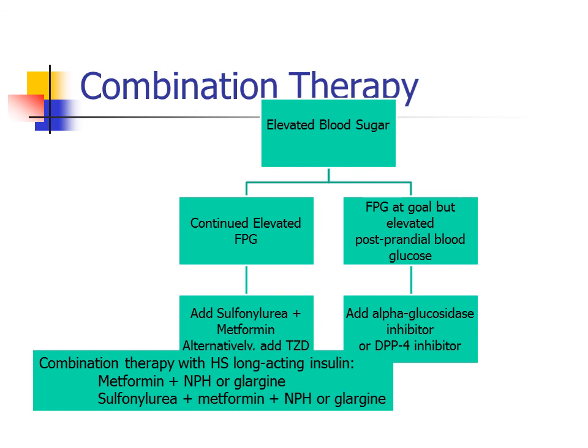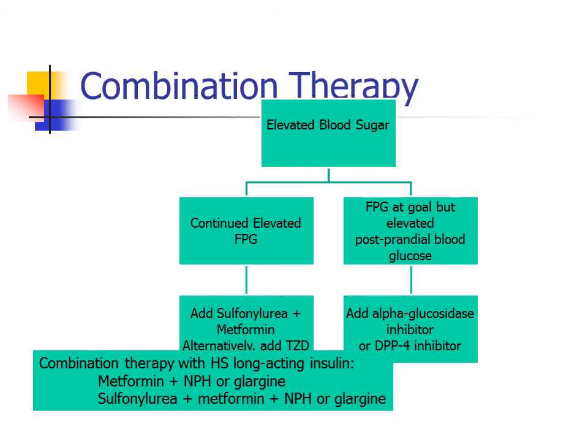If your fasting glucose is at goal, but your postprandial glucoses are elevated, that's where you may see some benefit from an alpha-glucosidase inhibitor or a DPP-4 inhibitor. So again, targeting where their blood sugars are elevated will help you get the biggest bang for your buck when it comes to choosing one of these agents.